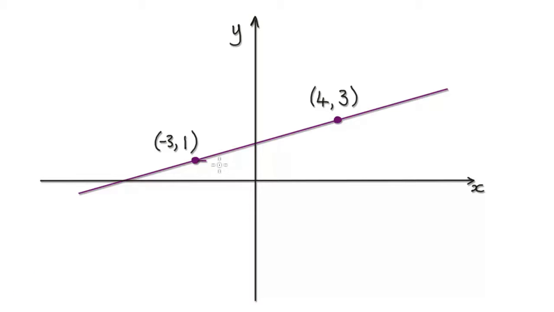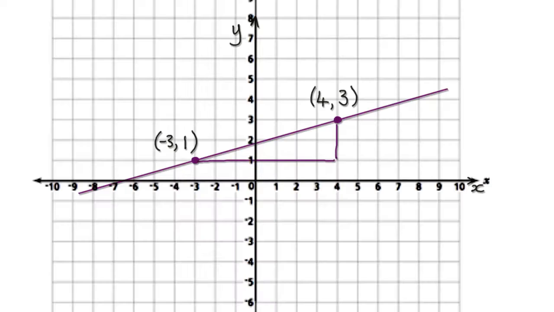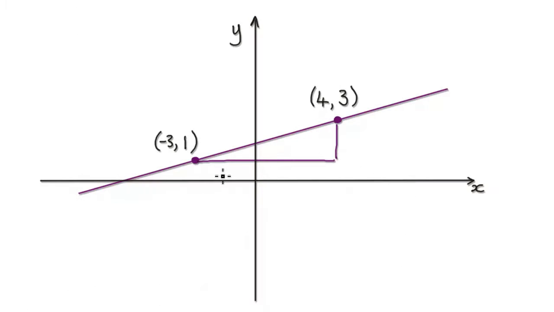Okay, so to do this, you have to somehow obtain the height, because the gradient is given by the height divided by the width. You won't be given the grid, so you have to develop a way of getting the height.